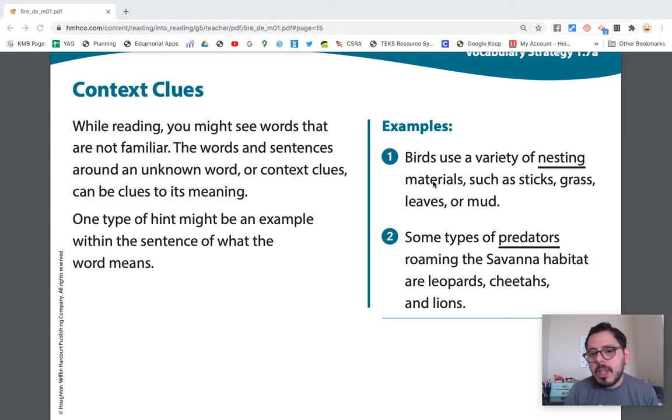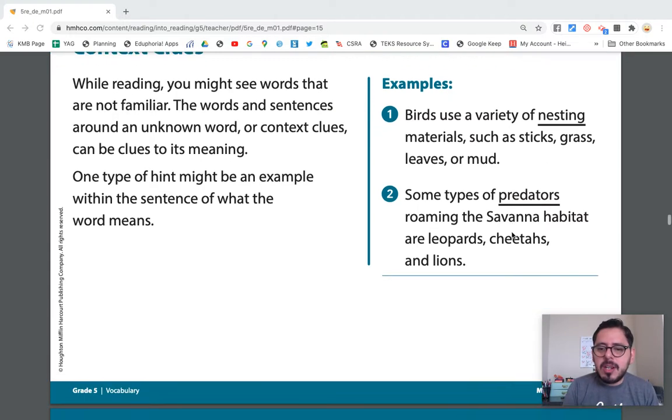Here's some. Birds use a variety of nesting materials such as sticks, grass, leaves, or mud. So with these examples, we know that nesting materials are materials with which birds make nests. It's easier to understand it once we have some examples. Here's another one.